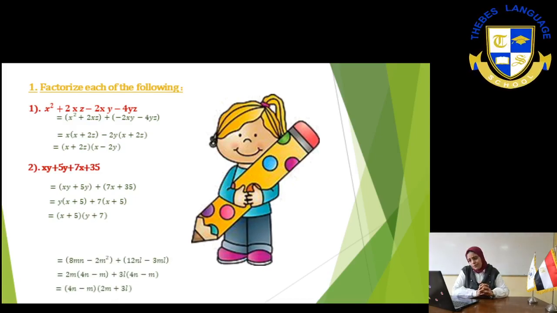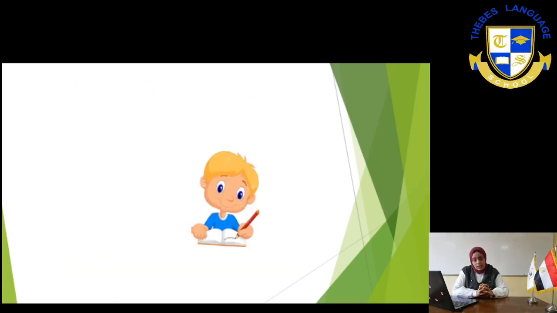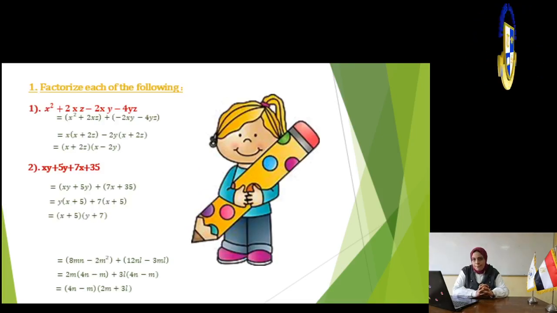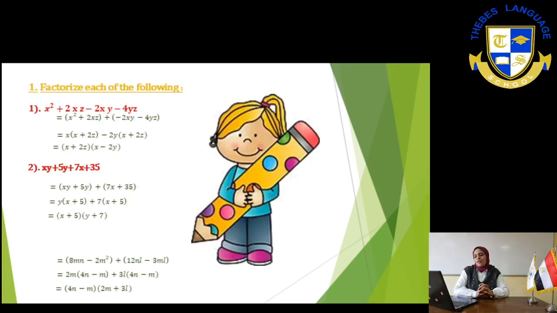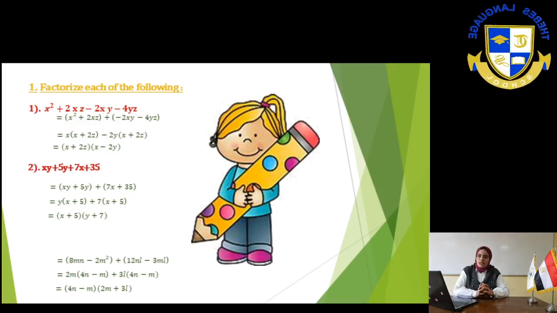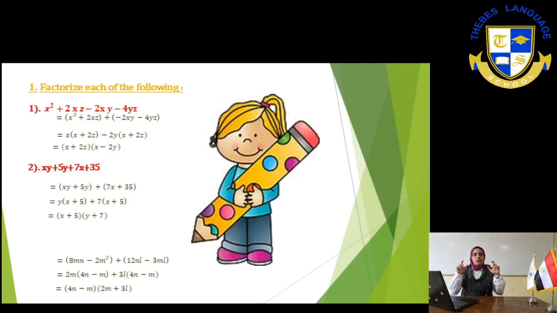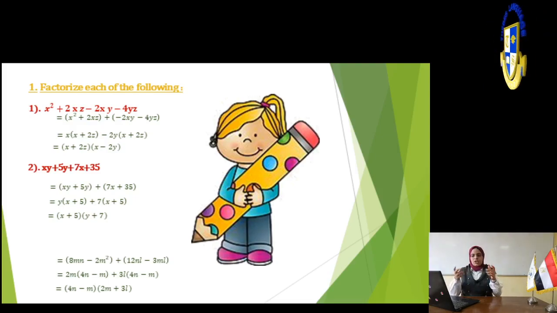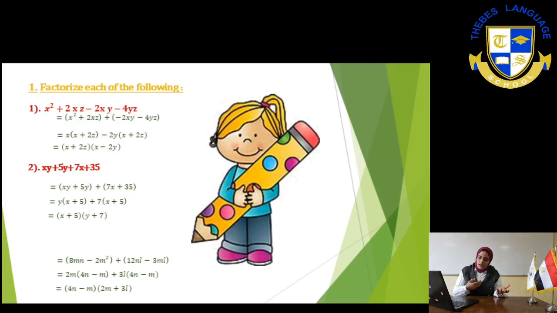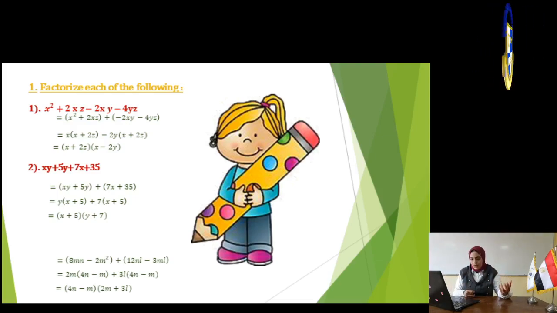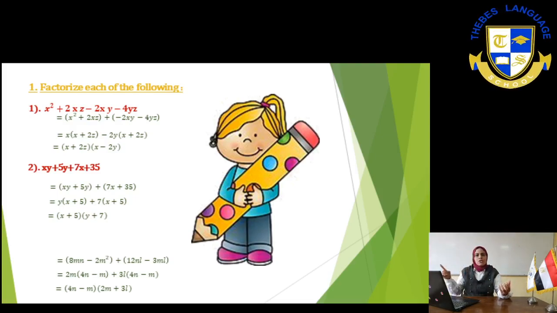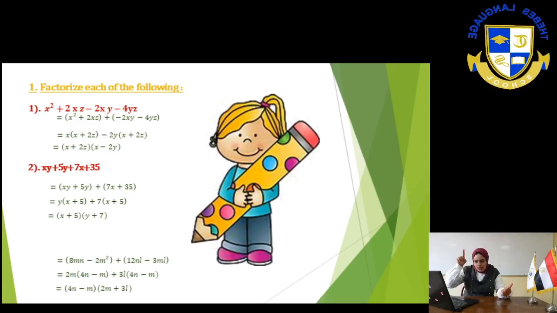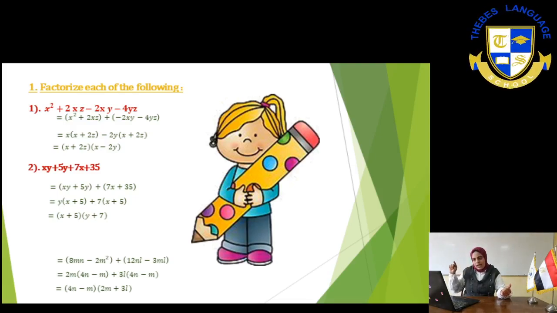Number 3, 8mn minus 2m power 2 plus 12nl minus 3ml. We will divide the expression into groups. 8mn minus 2m power 2, take 2m as a common factor to get 4n minus m, and 12nl minus 3ml.